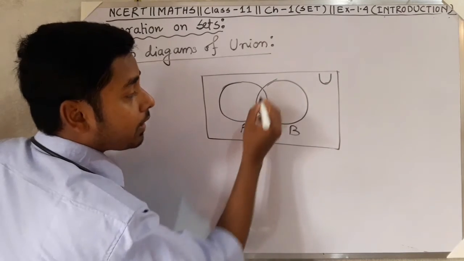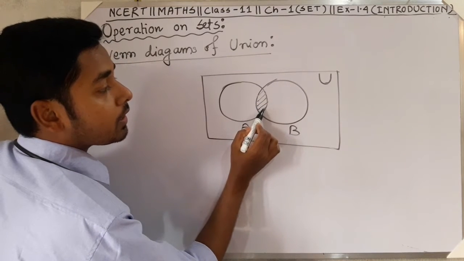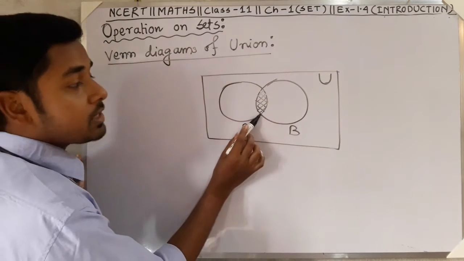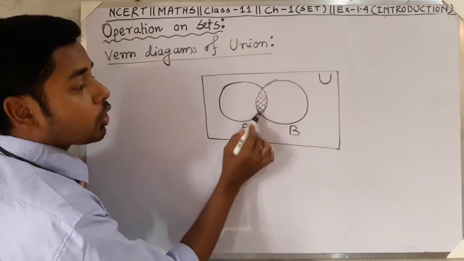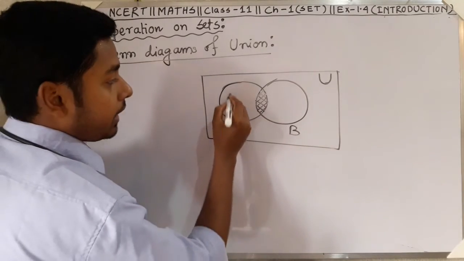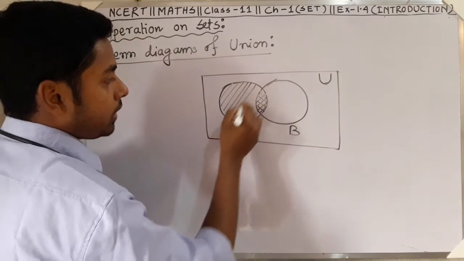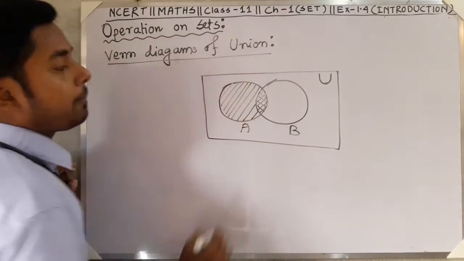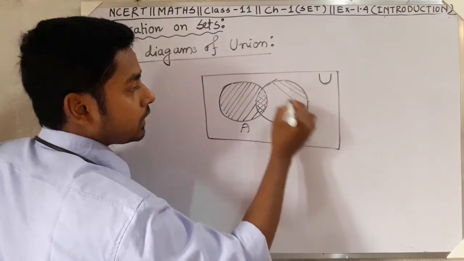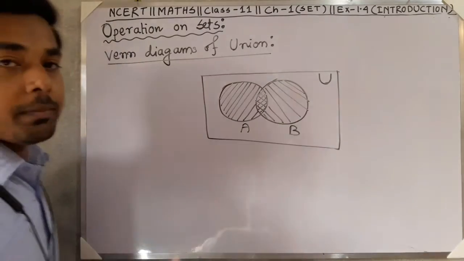So what is the common part? This much part only. This part is the common part of A and B. And all the elements of A, and all the elements of B. That means what?